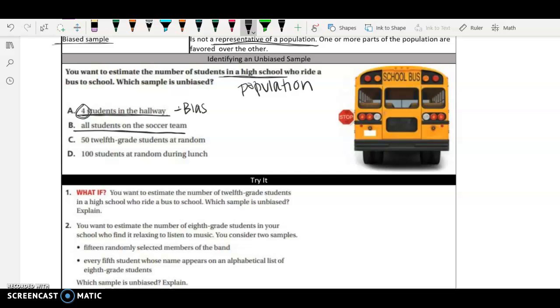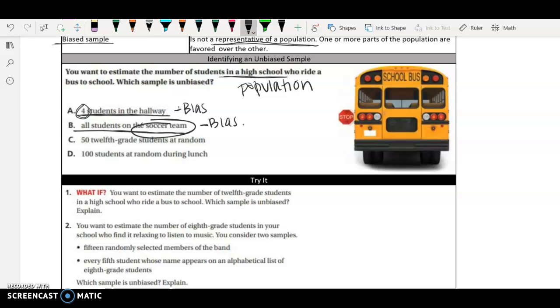So this would be biased because I'm only asking one group of people. Everybody in the high school doesn't play soccer. That's not a good representation of my whole school. It does not represent my whole school, and it's not random. So this is also biased.